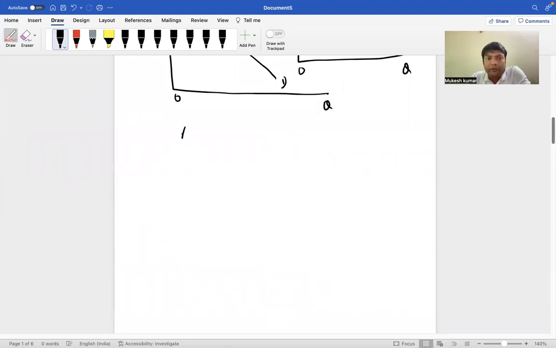See, average revenue is always equal to price. It doesn't matter whether it is a perfectly competitive market, a monopoly, or a monopolistic competitive market. It always equals price, because average revenue is the ratio of total revenue and quantity, and total revenue is the product of price and quantity.